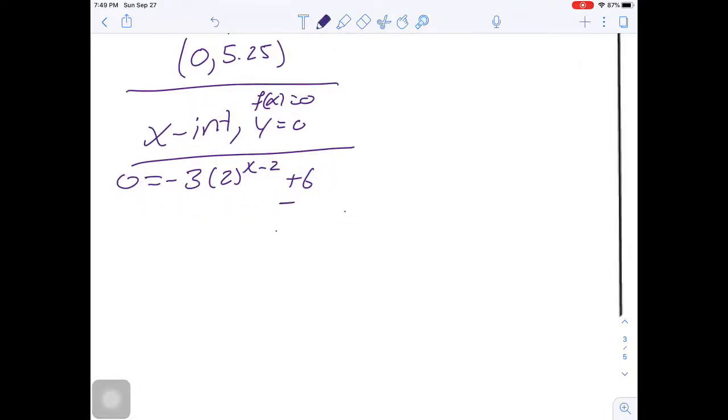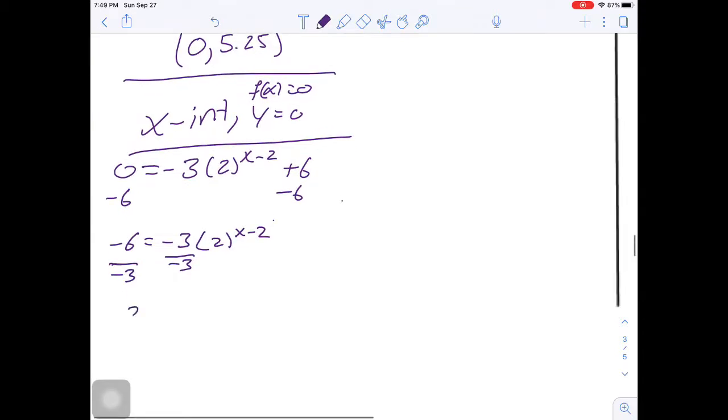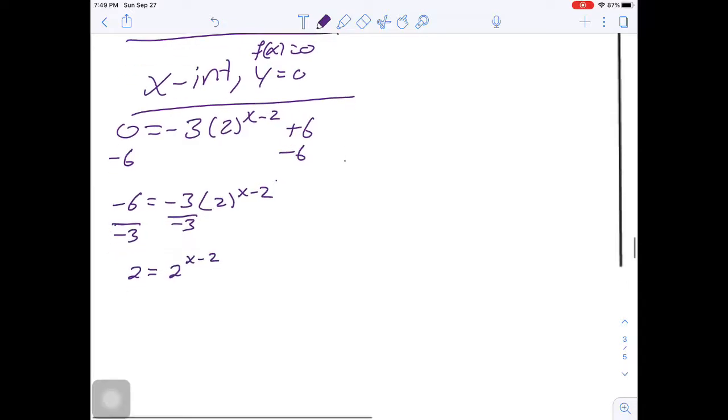I'm going to subtract 6 from both sides. I am then going to divide by negative 3 first, because remember, we're doing PEMDAS backwards. To solve for x, you need to get the things furthest away from it, and we're going to divide by negative 3 here. That will give me positive 2 equals 2 to the power of x minus 2.